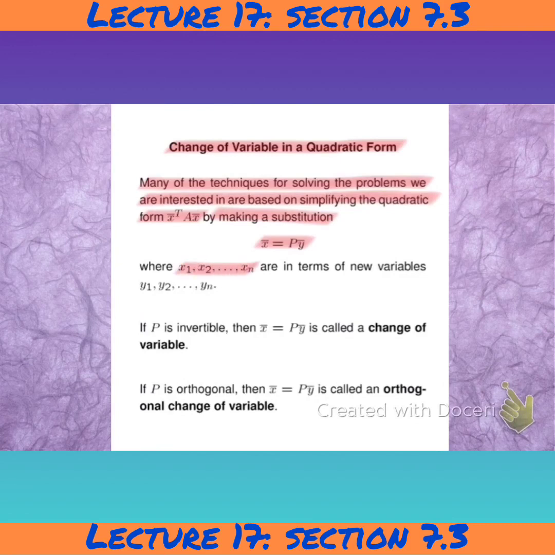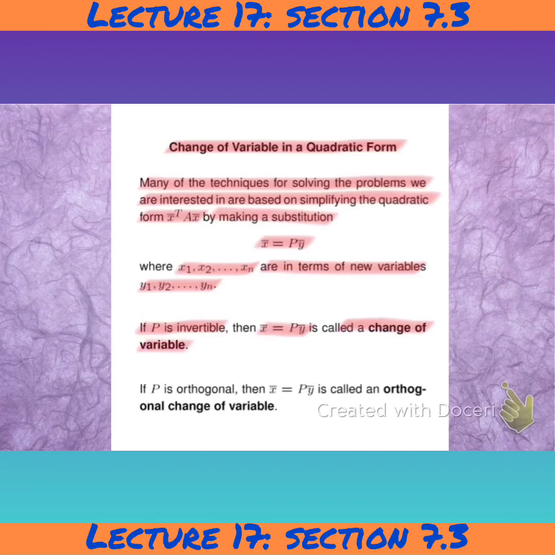So these x variables are in terms of the new variables that you introduce, y1 up until yn, and P is a matrix. Now, if P is invertible, then x equals Py is called a change of variable.